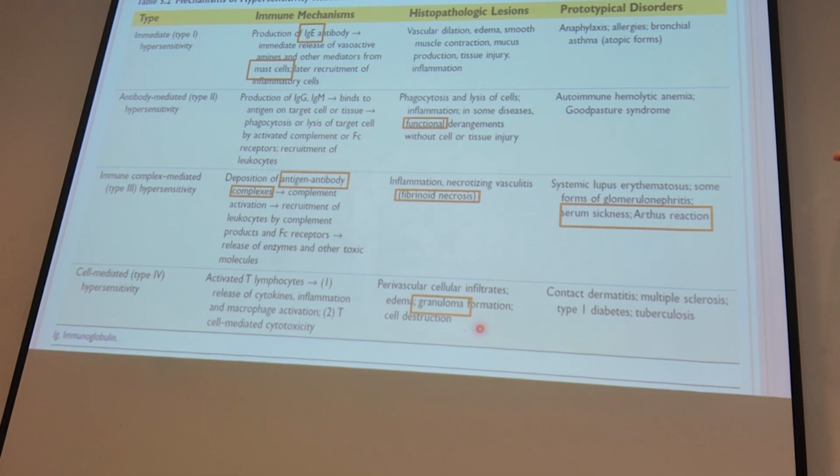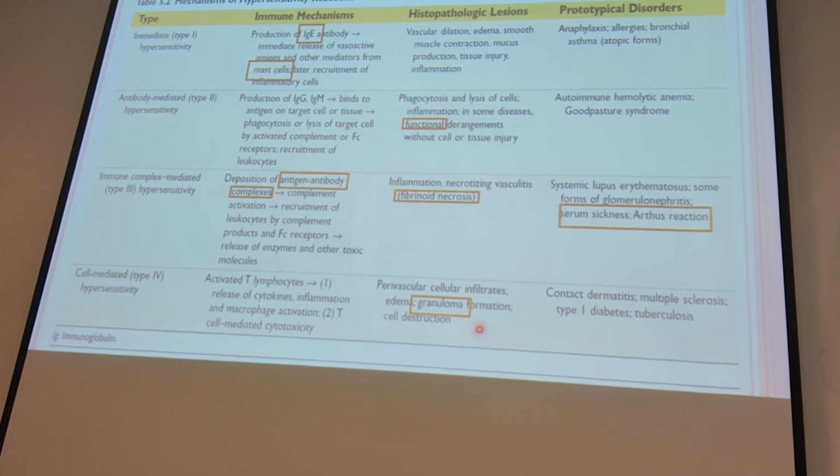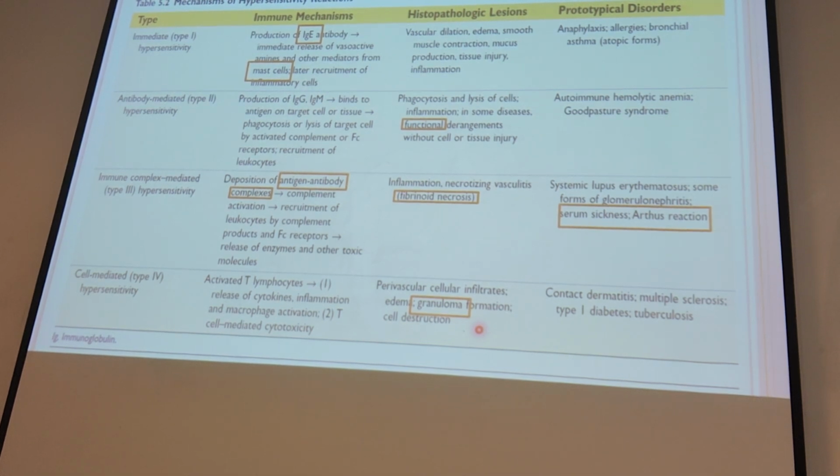But in type 3, we have antigen-antibody complex in the circulation, okay? So by the presence of this complex in the circulation, at some point it starts to deposit in vessels, in joints, and cause the disease.